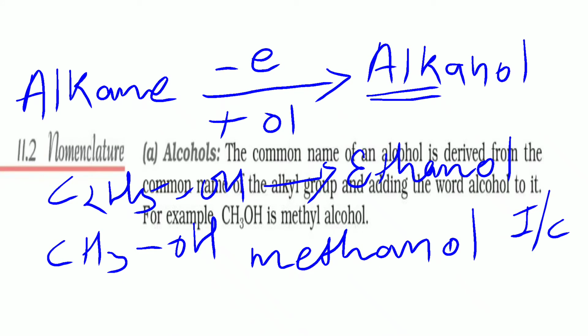So in this way we can get the IUPAC name of an alcohol. Simply remember the word alkanol and replace alk by the number of carbons. Then you will get the IUPAC name of the alcohol compound.